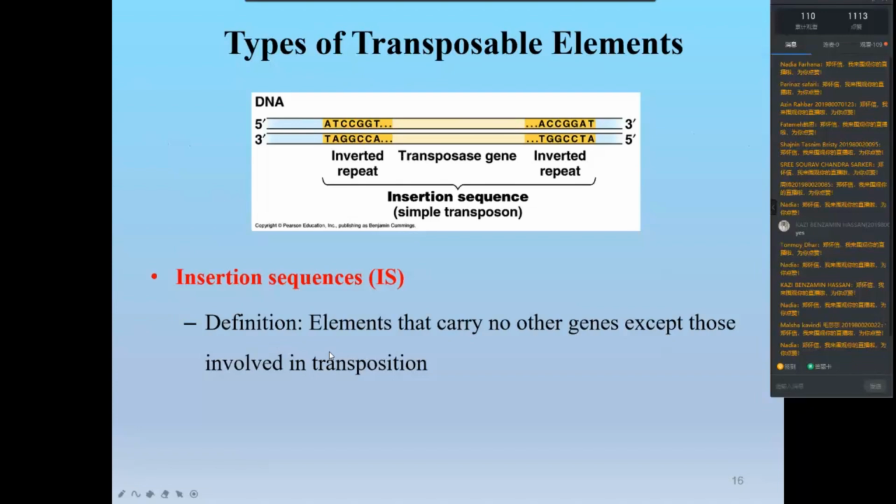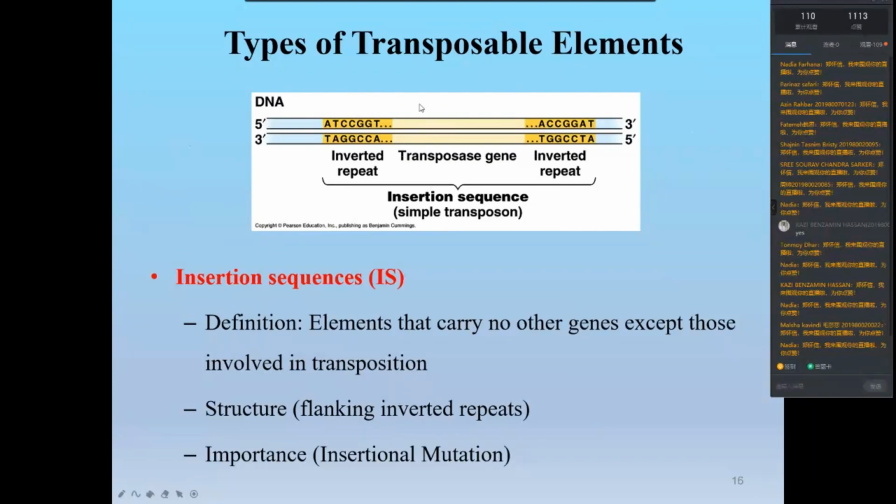These are the elements that carry no other genes except the one for transposition. It only carries the transposase gene, but no other genes. The structure is pretty simple, flanking inverted repeats. The importance of this insertion sequence is that we can use it to make insertional mutation.